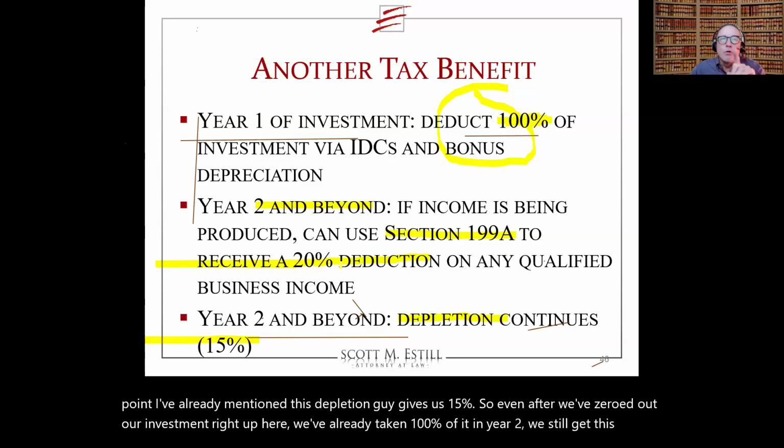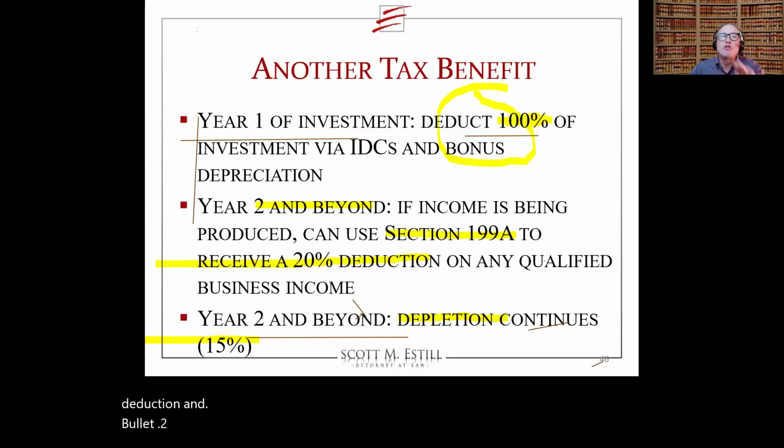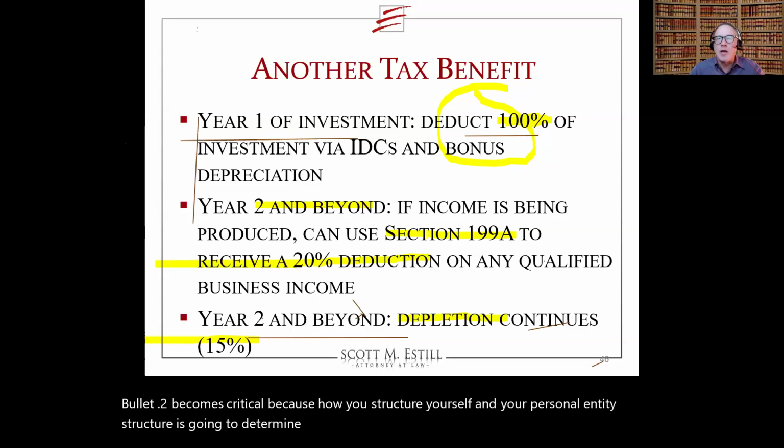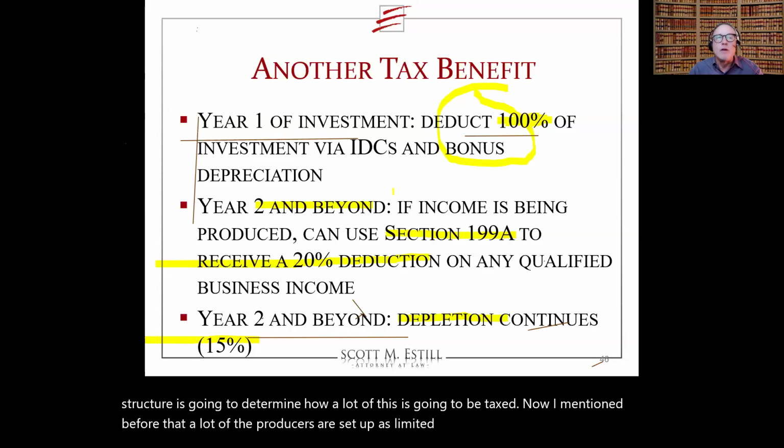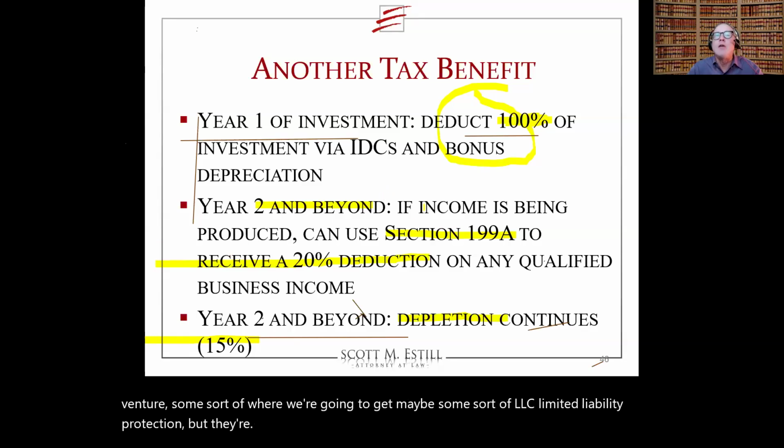And bullet point two becomes critical, because how you structure yourself and your personal entity structure is going to determine how a lot of this is going to be taxed. Now, I mentioned before that a lot of the producers are set up as limited partnerships or some sort of joint venture, maybe some sort of LLC, with limited liability protection, but they're going to kick off a K-1.